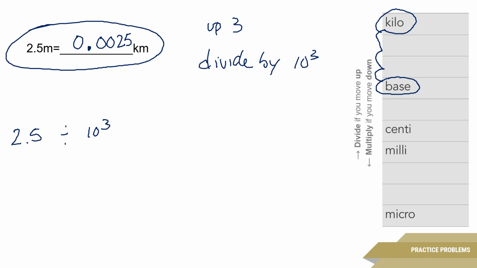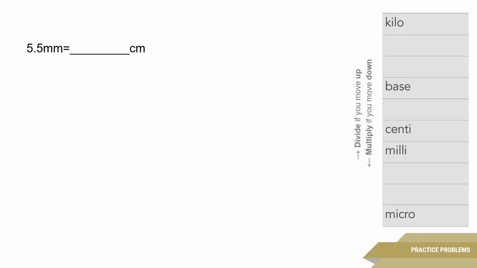Let's keep going. Alright, so let's do one that doesn't involve the base this time. So let's say we have 5.5 millimeters, and we have to go to centimeters. So we're starting at milli and going to centi. We only have to move up once for that. So we had to move up once.